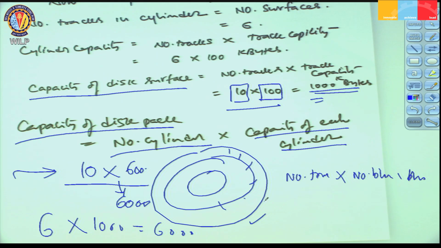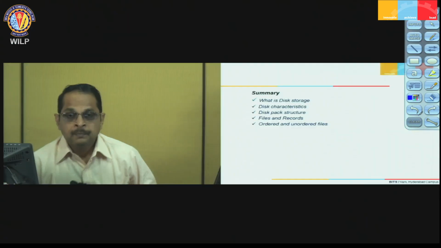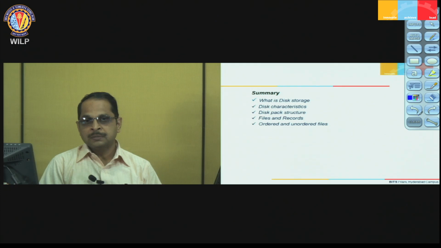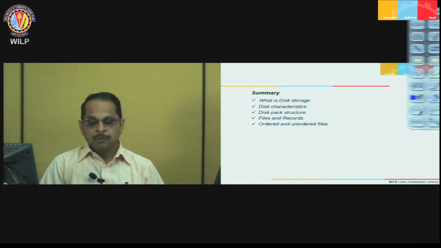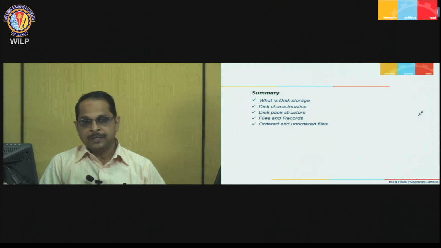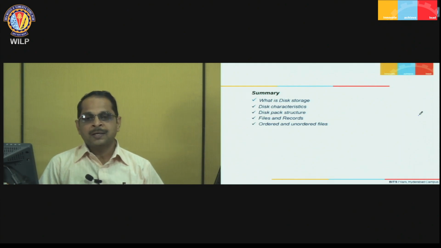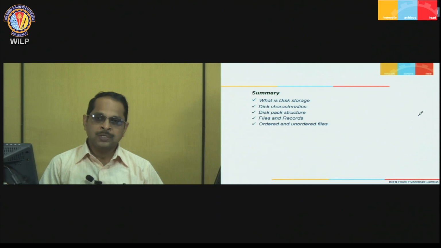This is how we understand the structure, features and concepts of disk storage. In this session, we discussed what disk storage is and what its importance is. We store our database data on secondary storage, and the popular secondary storage device chosen to store our data is the disk.